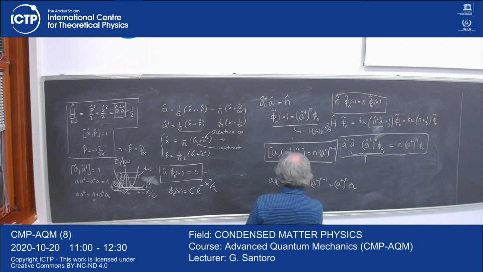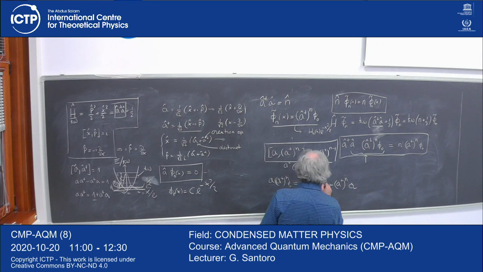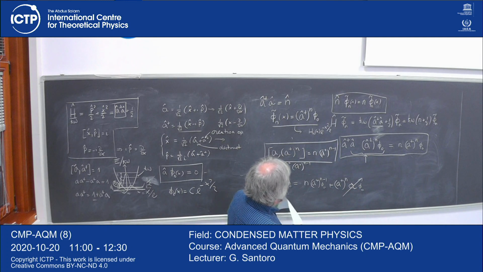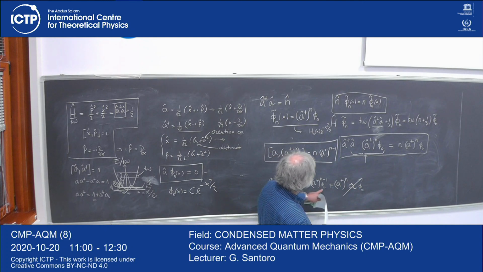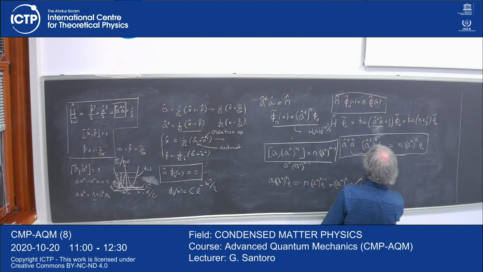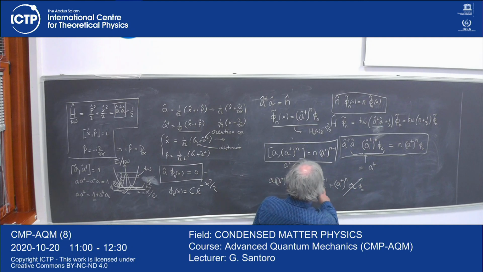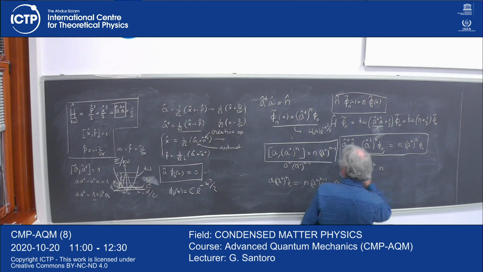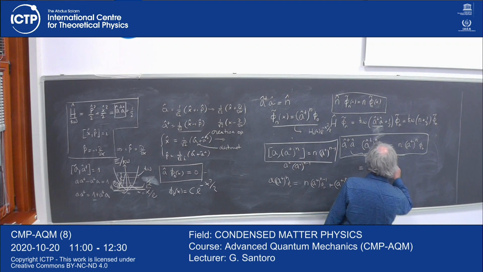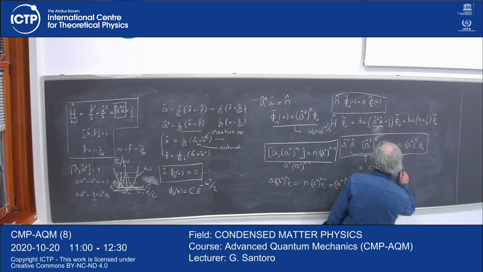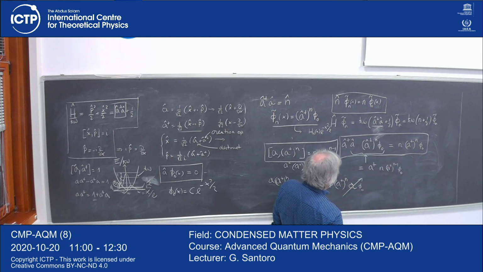You see that I apply it to phi 0, I apply here to phi 0, I apply here to phi 0, and this gives me 0. So the end result is that this object is equal to A dagger, the first one. Then this thing is equal to n times A dagger to the power n minus 1 times phi 0. And this is just vanishing.